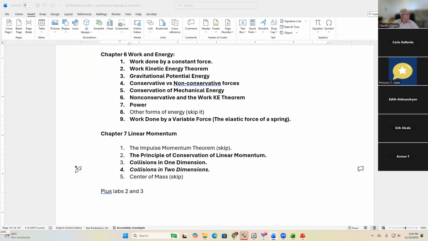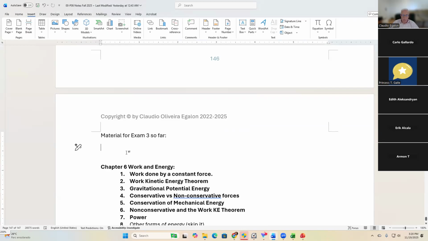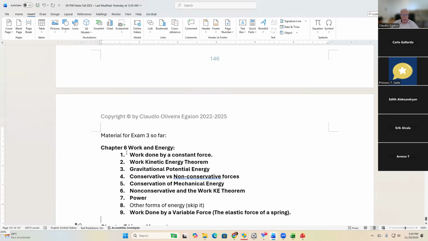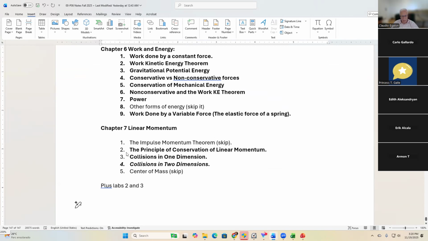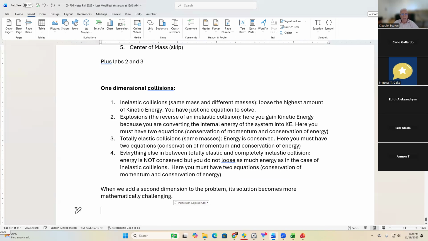And I'm going to repeat here the material for exam 3 so far. 1-dimensional collision. Inelastic collision, explosions, totally elastic collisions, and everything else in between totally elastic and completely inelastic collision.